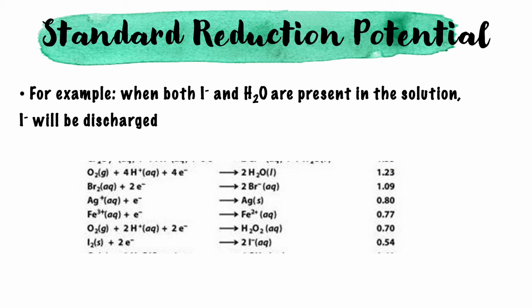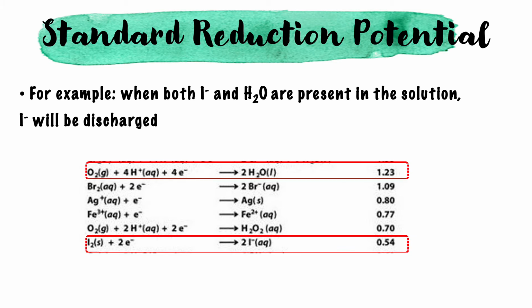Next, when both iodide and water are present at the anode, iodide will be selected to be discharged because it has a more negative value, or less positive, compared to the water.